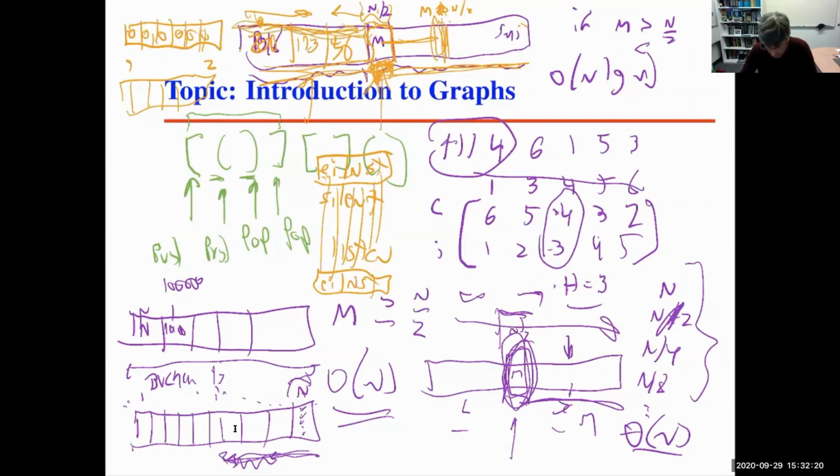It has to be less than n/2. If it's greater than or equal to it, then it's got to be on the right side. And in one comparison, I have halved the size of the array. How many times do I halve the size of the array until I get it from n down to 1? The answer is log n. Does that explain it? Or is there still mystery?